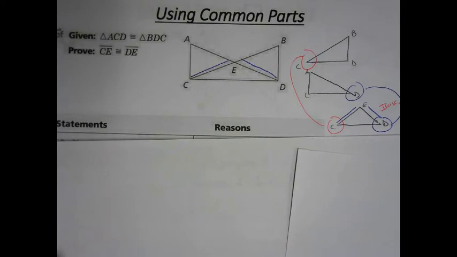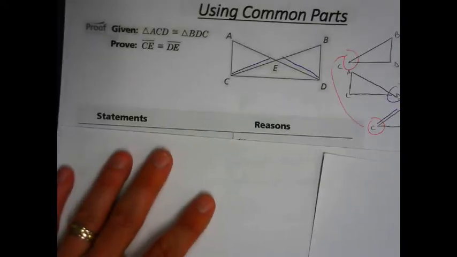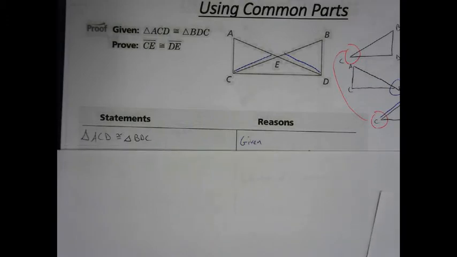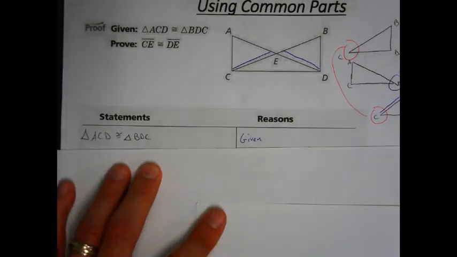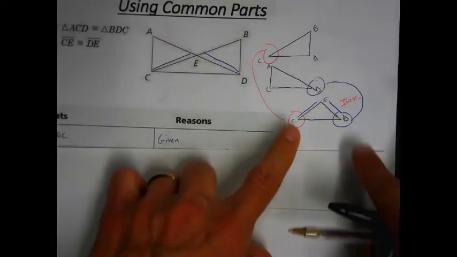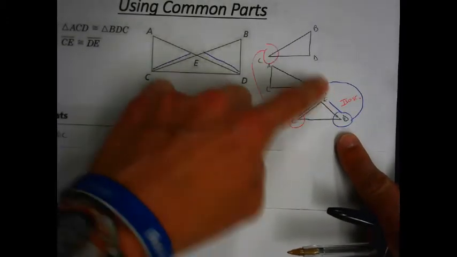Fantastic. So we have it figured out. So let's go. What's the statement? Let's start with what's given. We have the two triangles congruent. That is our given statement. But what do we do with it? Remember, we can show that these two angles, C and D, are congruent.